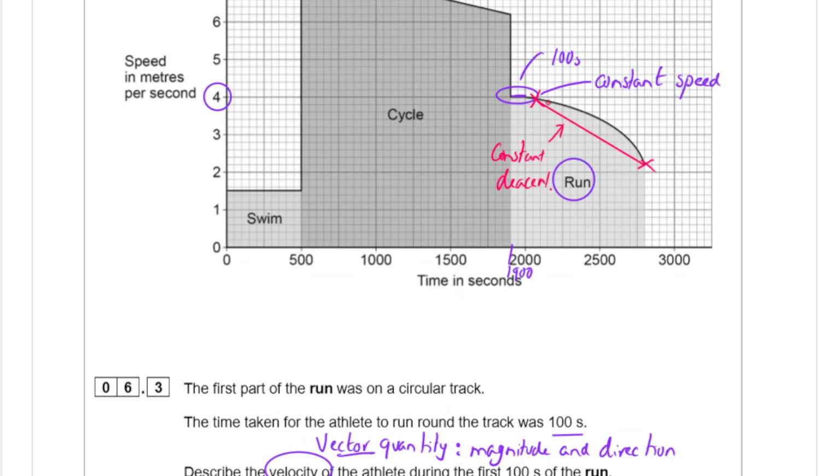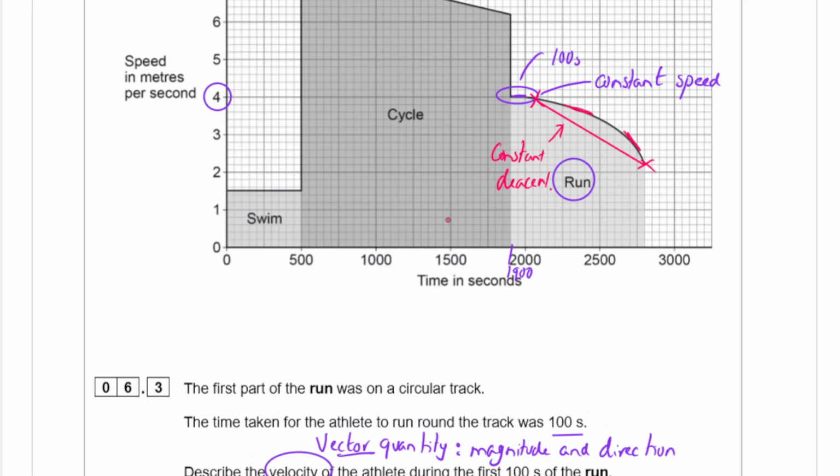Now, here you can see it slowly, and then it's actually sharp here. Now, if I was to find the gradient at this point, it will be less than the gradient at this point. So now, why am I talking about the gradient?